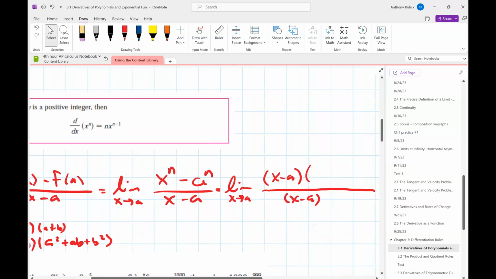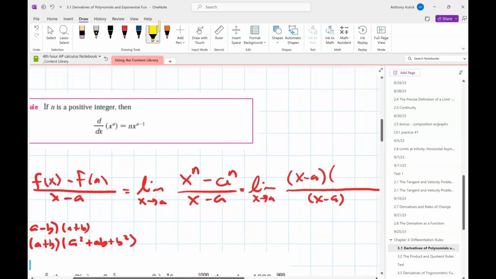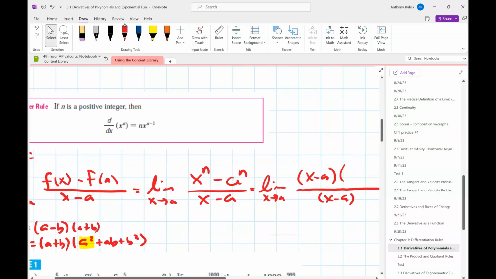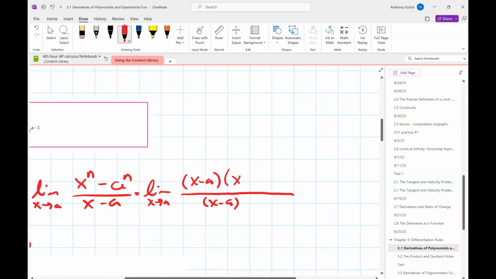But what else is going to be in there? Well, the leading term decreases by 1 in the degree. I went from a to the third down to a squared. So my leading term was x to the n, which is going to go down to x to the n minus 1, and then I'm going to have 1a, and then that x is going to go down another one.